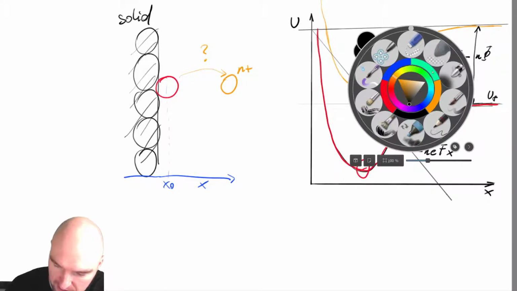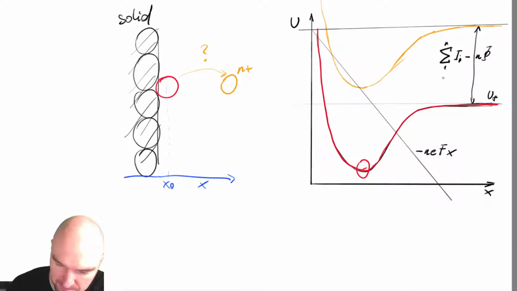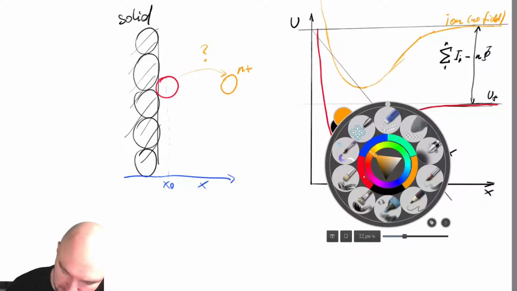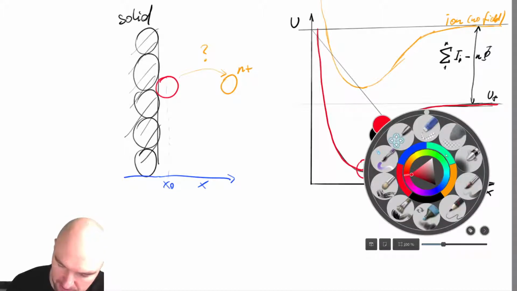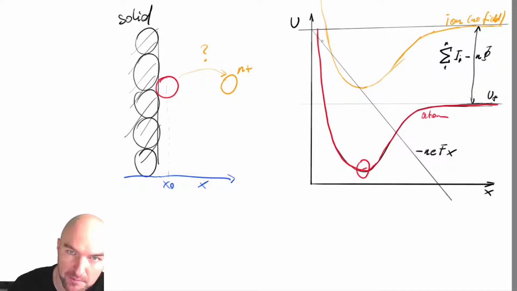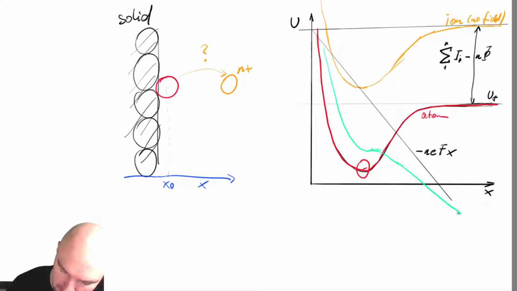And maybe that should have a different color. So I'll just write, this is ion no field, and this is atom. The atom energy doesn't change with the field because it's not charged. And if I sum both things up, essentially this plus the field, what I will get is a function that looks somewhat like this.